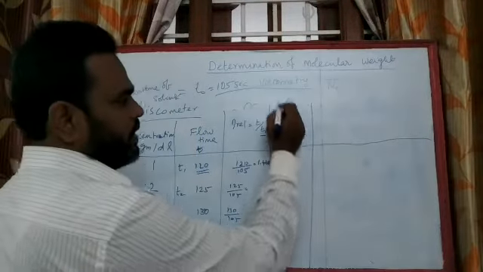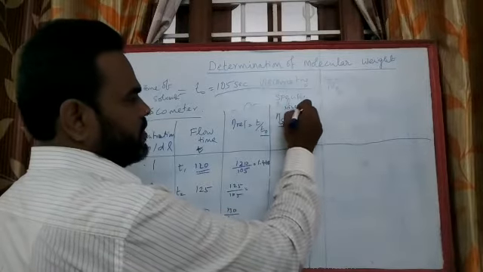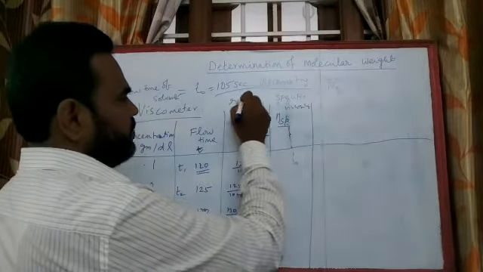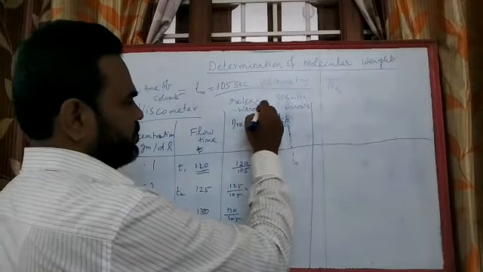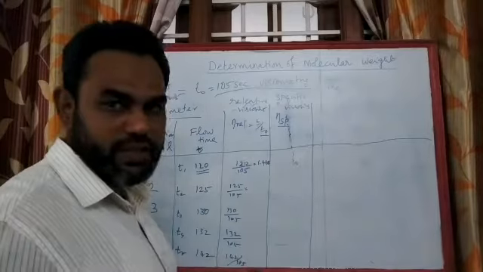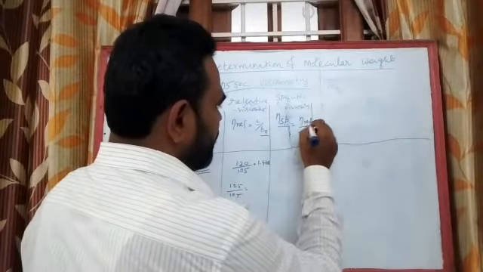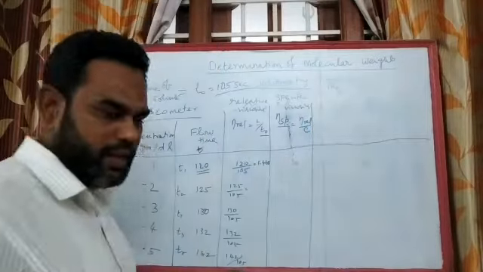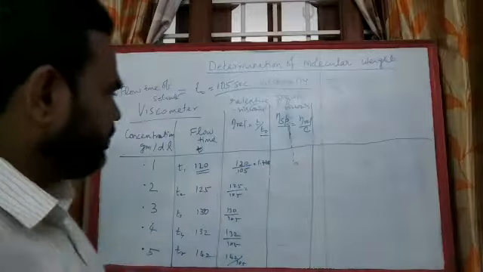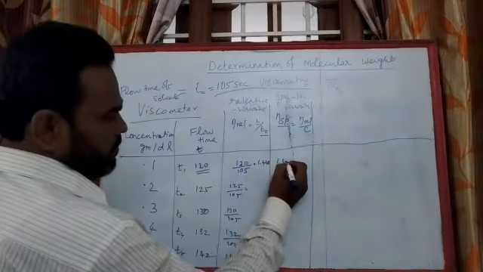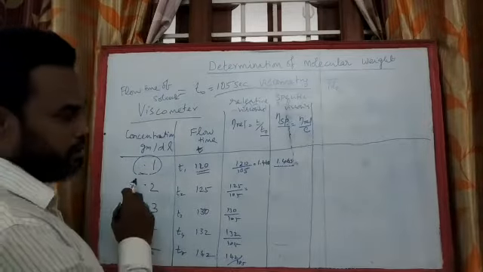Eta sp is called the specific viscosity. This is relative viscosity. What is eta specific viscosity? It is equal to eta relative divided by C. So eta relative is this one, 1.463, divided by the concentration of the particular polymer solution.